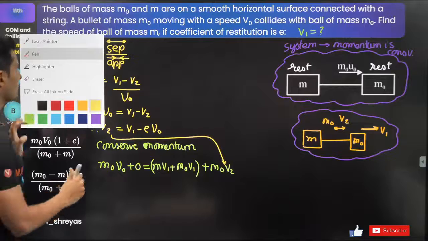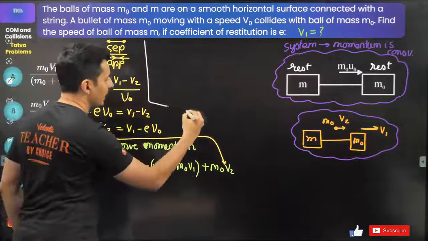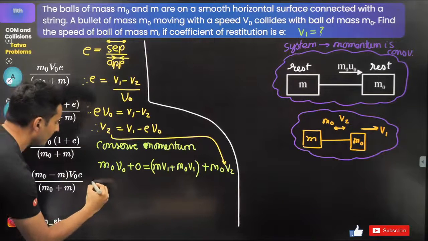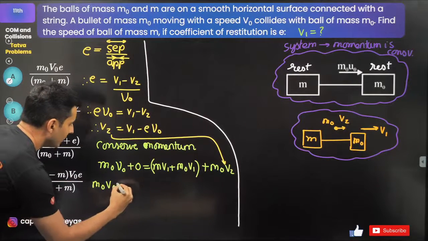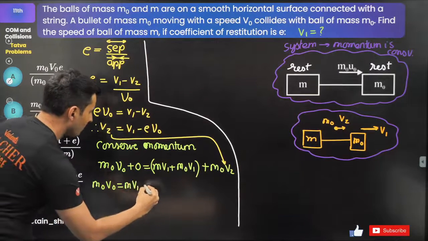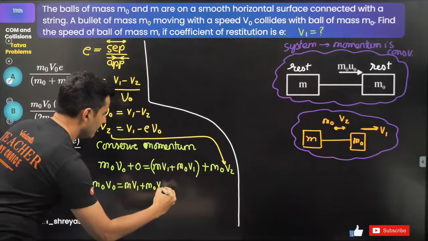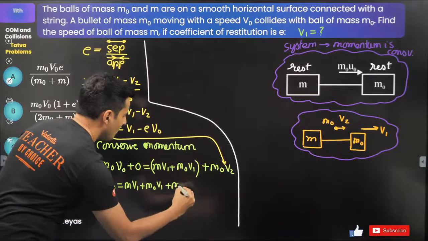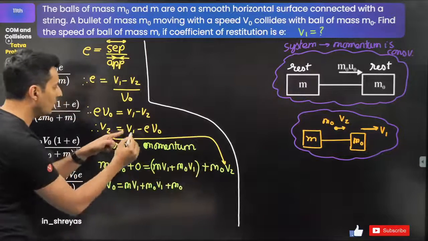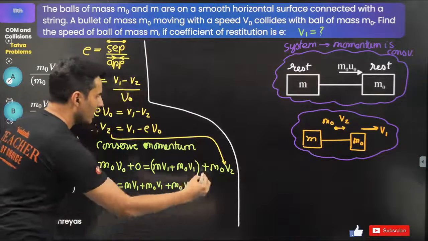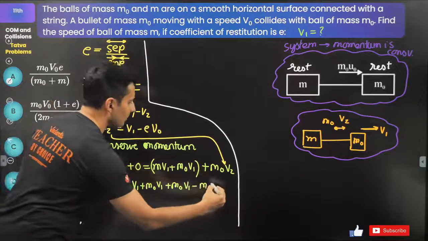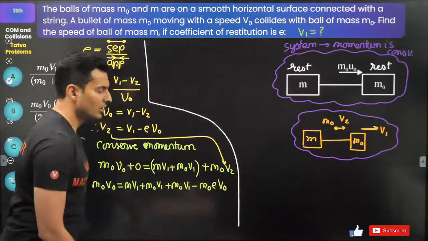So I get m naught v naught is equal to m v1 plus m naught v1 plus m naught v2, where v2 is v1 minus this term, which is E times V naught.